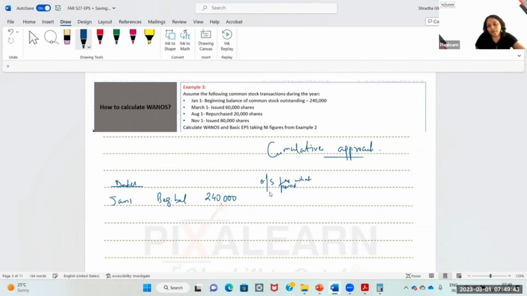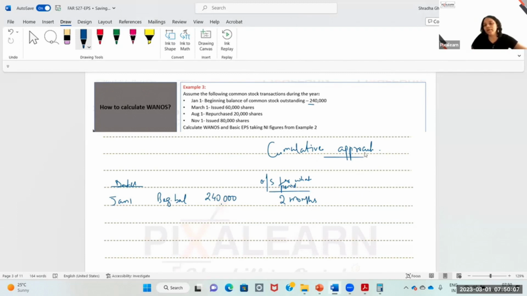Between Jan and Feb, 2 months, I had the full 240,000 shares outstanding. Yes or no, guys? Because on March 1, so I'm taking a cumulative approach, right? For 2 months, Jan and Feb, the number of shares outstanding was 240,000.